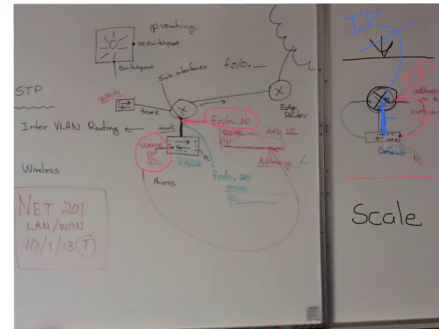This number doesn't have to be the VLAN number. What has to be correct is over here: we have to give the encapsulation before we give the IP address. And so we can indicate that this is going to be VLAN 10, which is this red VLAN over here, and then we can assign to it an IP address. This IP address will end up being the default gateway for all of the PCs on this VLAN, this red one as an example.